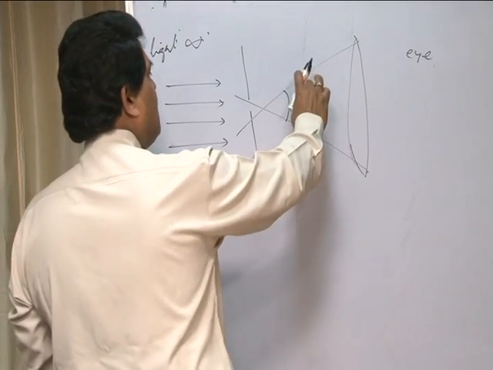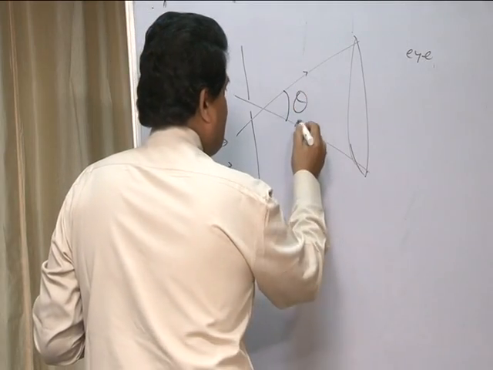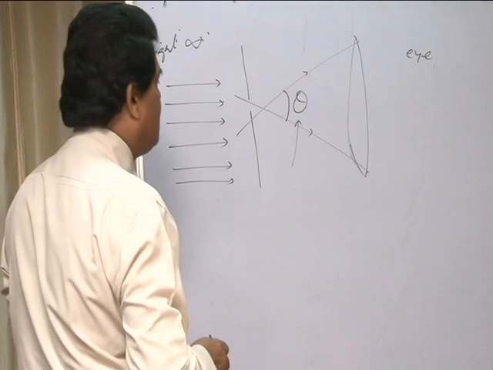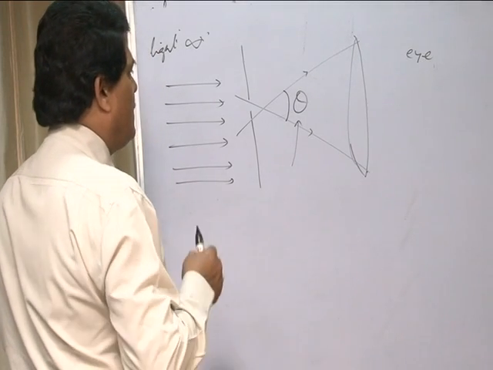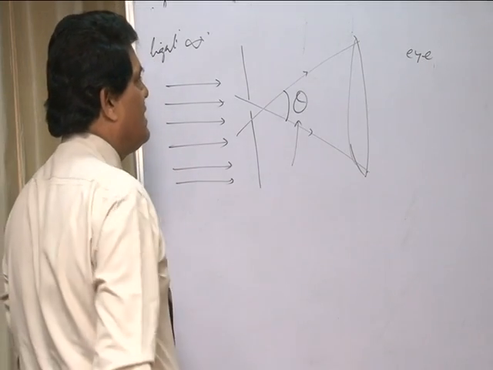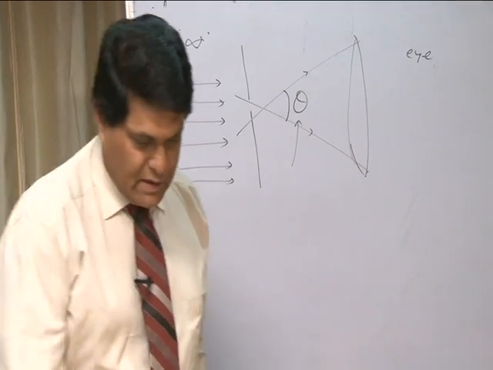This is called the angular separation between the two objects. If we can study these angular separations, then we can distinguish the two objects which are lying in far away places. Now what are the factors on which this angular separation theta depends? I will show you in some slides.